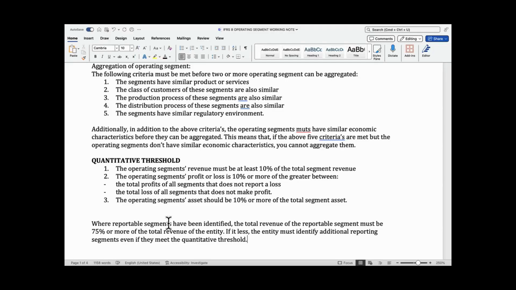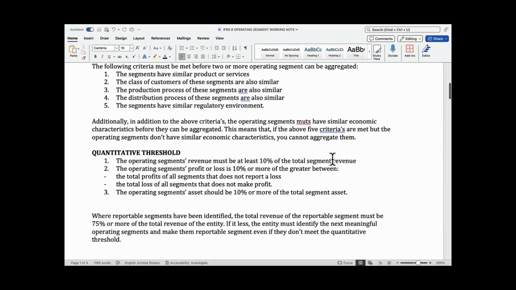reportable segments. So you must identify, let me call it, the next meaningful operating segment and make them reportable segments, even if they don't meet the quantitative threshold.